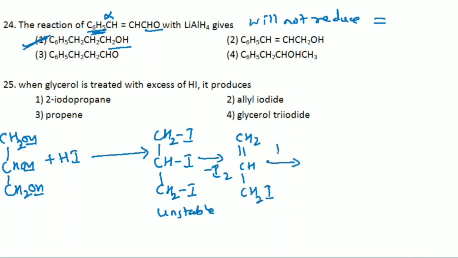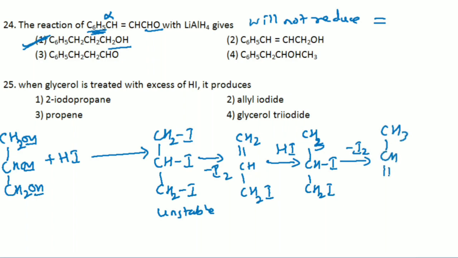Now this excess of HI they are telling, hence further it will react with HI because there is a double bond, addition takes place. Hence it is going to form CH3 here, because here Markovnikov's rule it is going to follow. CH3 here, CHI here and CH2I here. Once again this molecule is not stable, similar to this one. Hence remember minus I2, I can write it as CH3, CH double bond CH2.